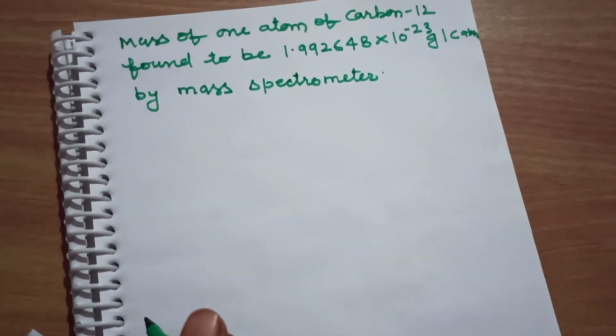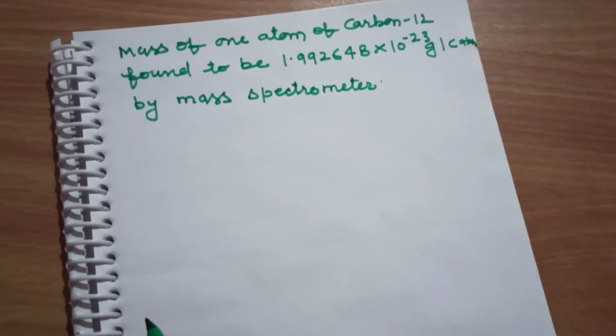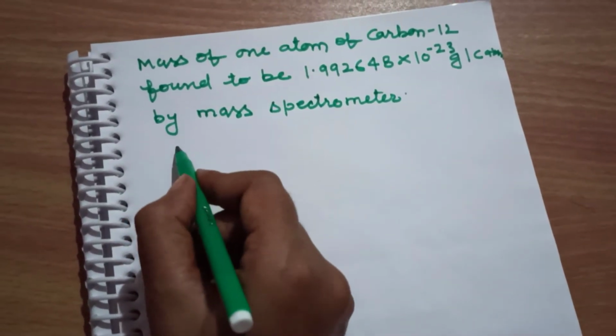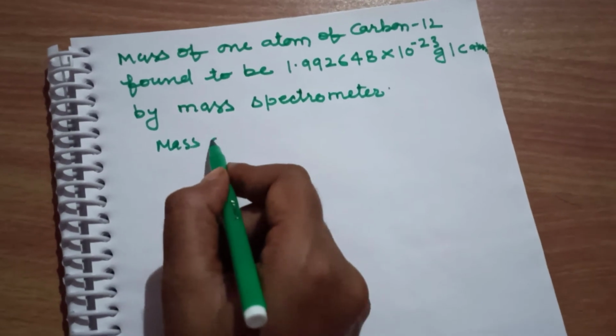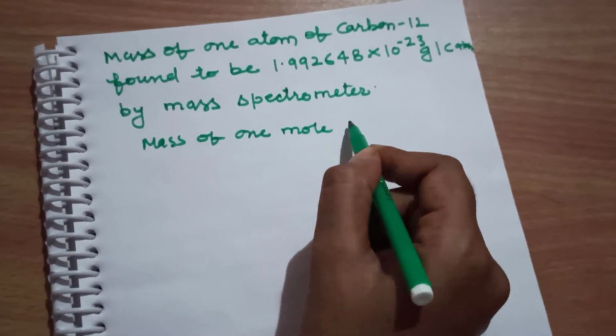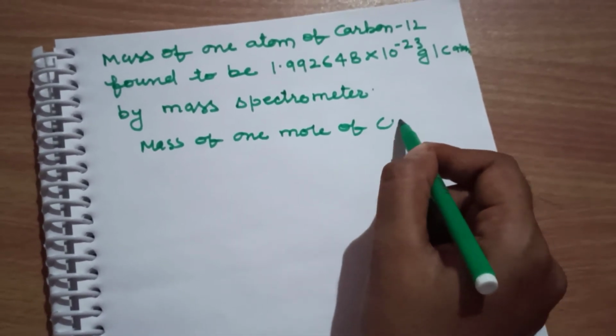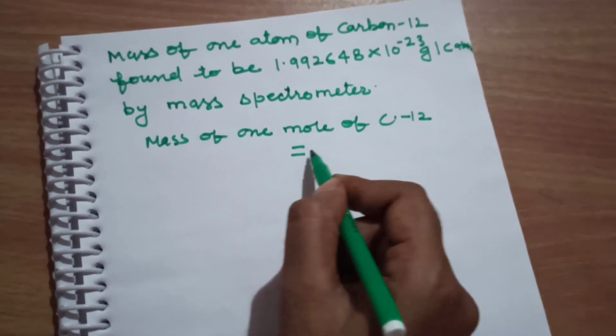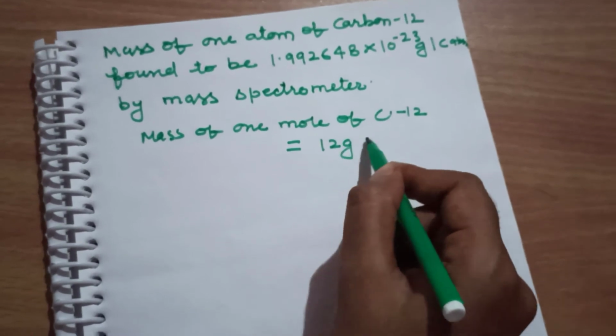As we know, mass of 1 mole of C-12 is equal to 12 gram per mole.